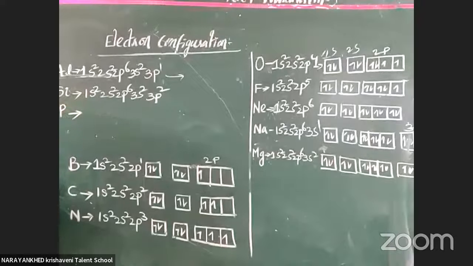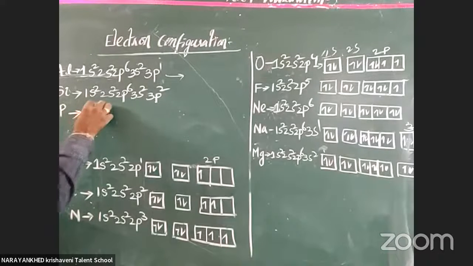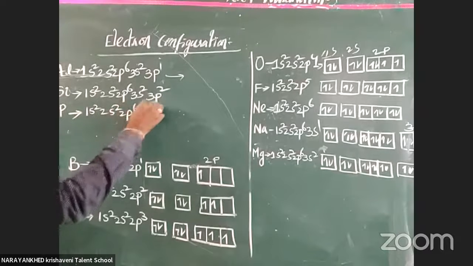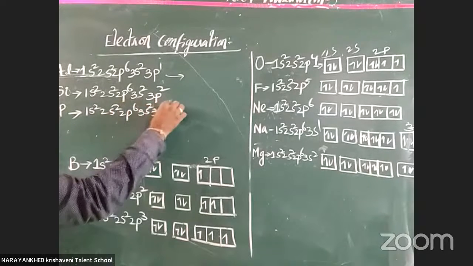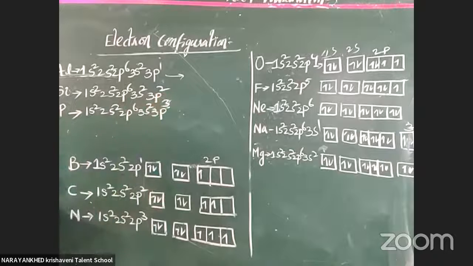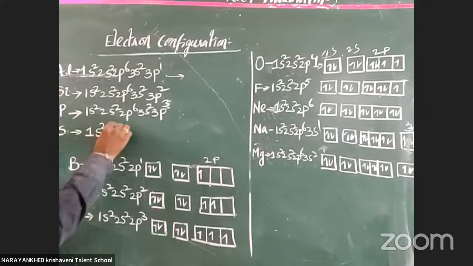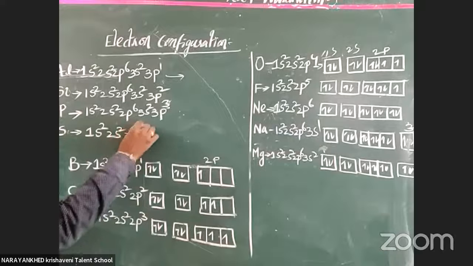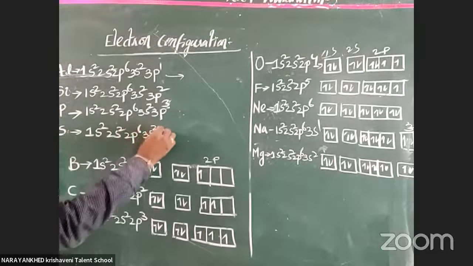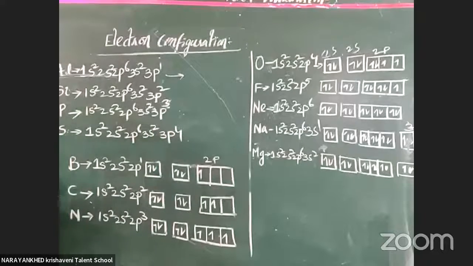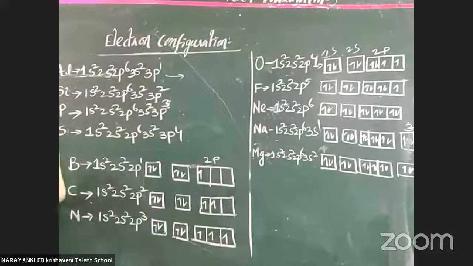The next is written as 1s2, 2s2, 2p6, 3s2, sorry, 3p3. Got it? Next, after this, sulfur. That becomes 1s2, 2s2, 2p6, 3s2, 3p4. Got it or not?